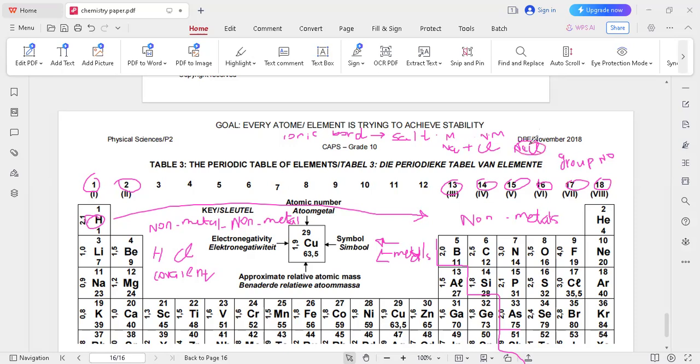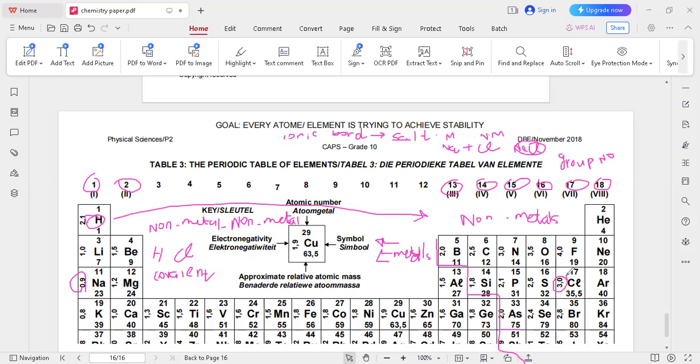Now, if you look at it differently, you see that sodium has a fancy decimal number. What is that decimal number for? It's the electronegativity. So this is the electronegativity of sodium, and then let's go all the way to chlorine, which is 3.0.